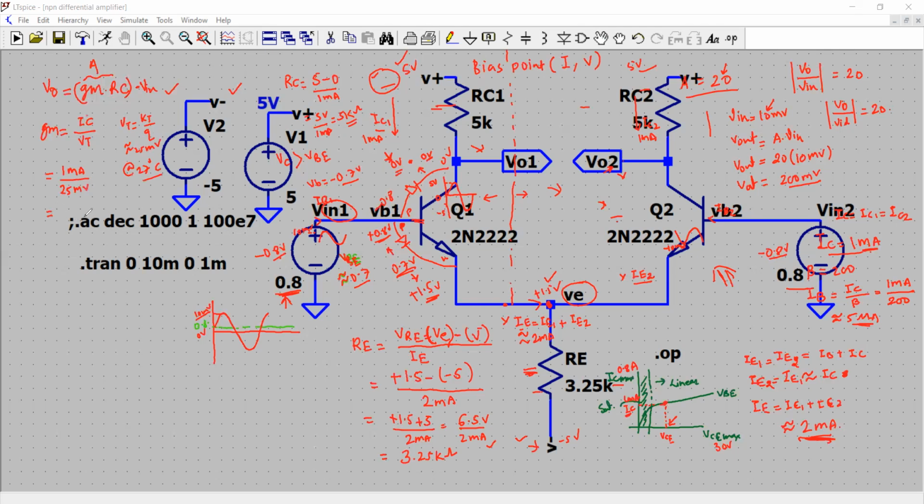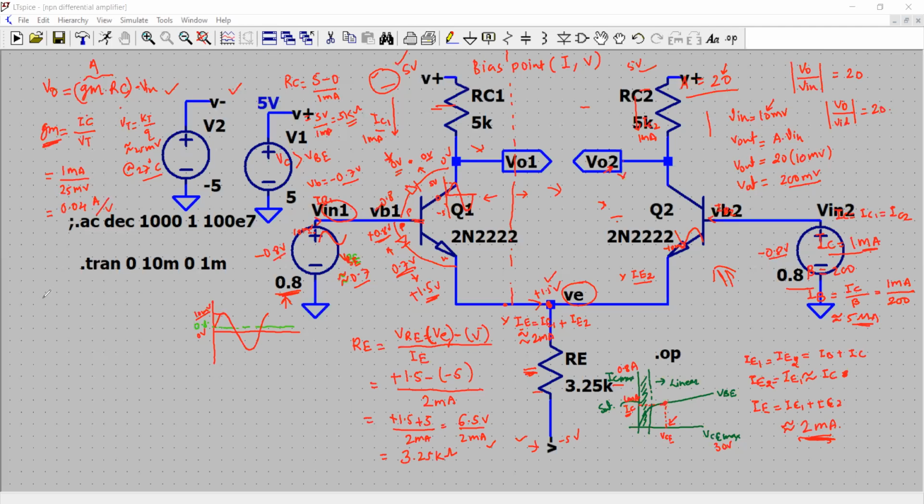That comes out to be, let us write this value here, 1 milliamp divided by 25 millivolts. So that is just 1 by 25, and it is 0.04 amps per volt. That is your transconductance.